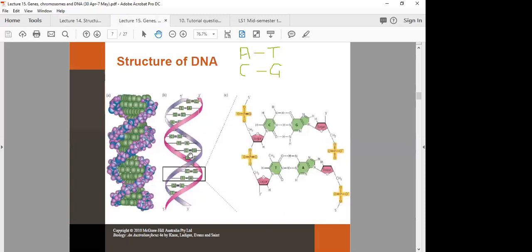And you can see that the bases of each nucleotide are found towards the centre of this double-stranded DNA helix. These ribbons here, the pink ribbon represents the sugar phosphate backbone in one chain of nucleotides, and the purple strand represents the sugar phosphate backbone in the opposite strand of DNA.